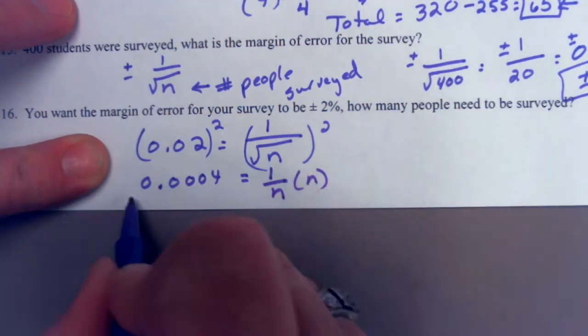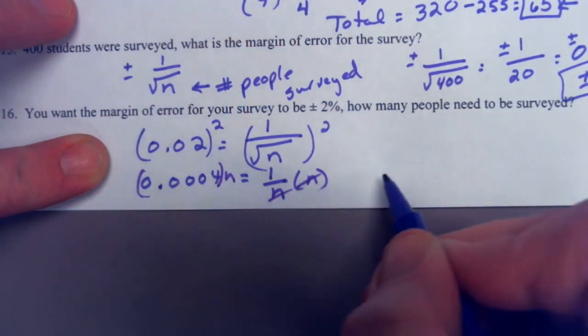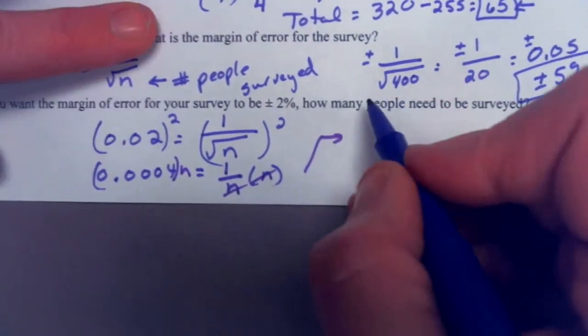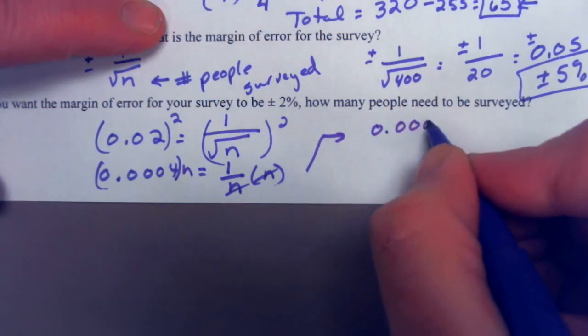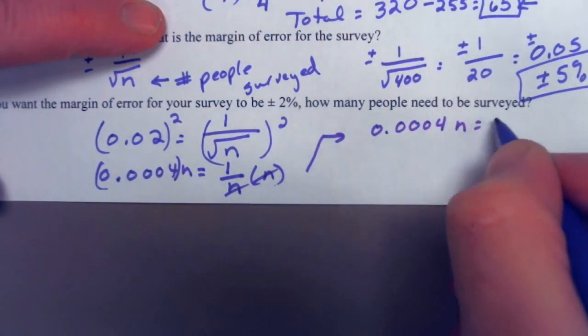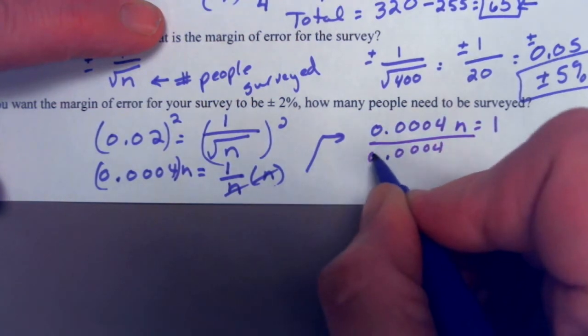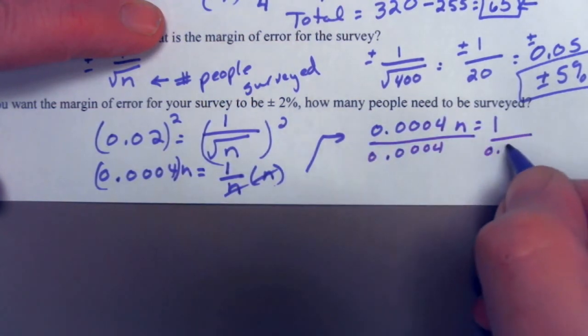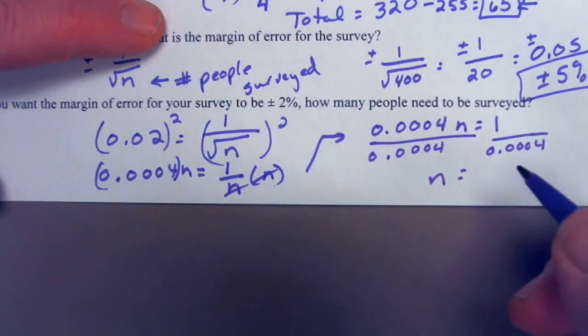Next step is to get the n by itself, so I need to get it out of the denominator. 0.0004 times n equals 1. Divide both sides by 0.0004.